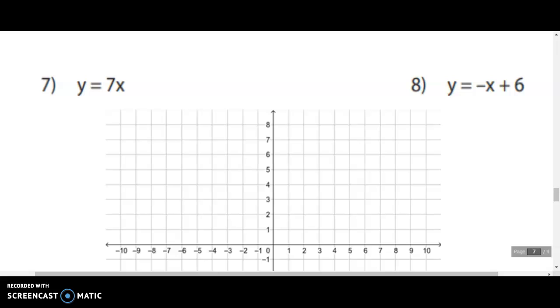Here, I chose this one specifically because we have a slope of 7, but what's our y-intercept? It would be our constant. It's non-existent, right? Well, that's okay. It means that our y-intercept is 0. So that means our point is (0, 0), slope of 7, 1, 2, 3, 4, 5, 6, 7 over 1.